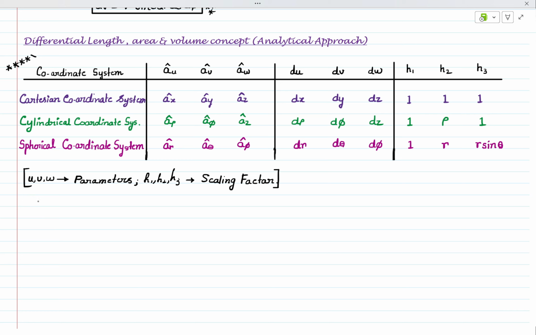So just a minute. That is the generalized formula for differential length.